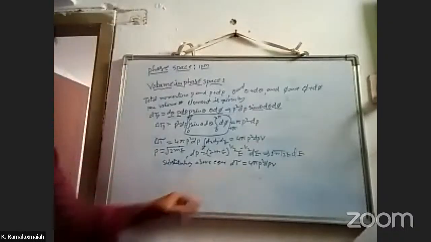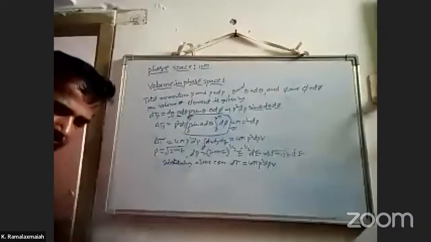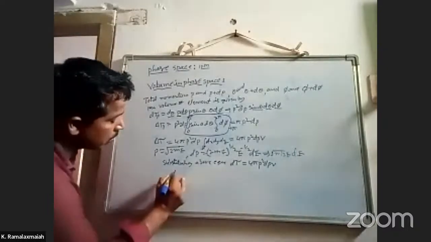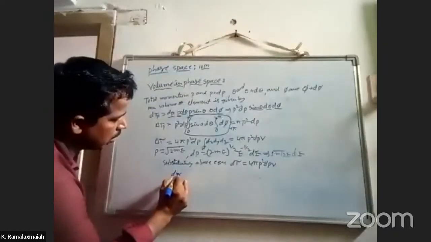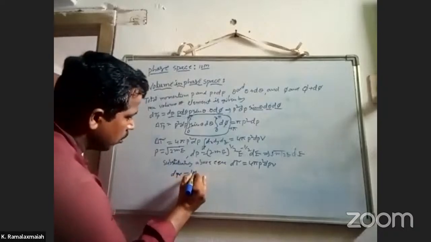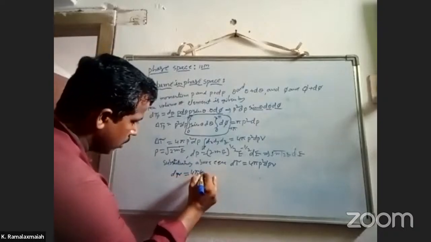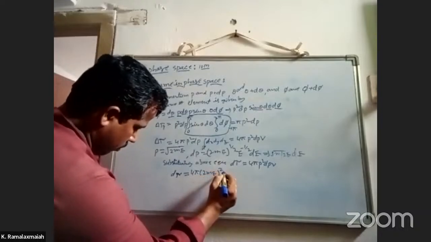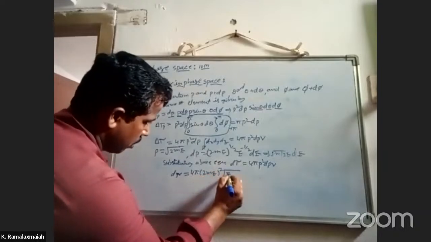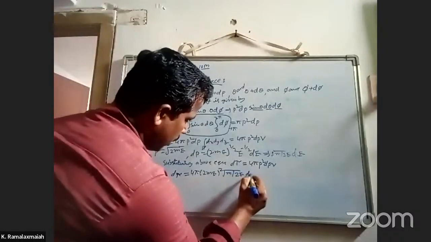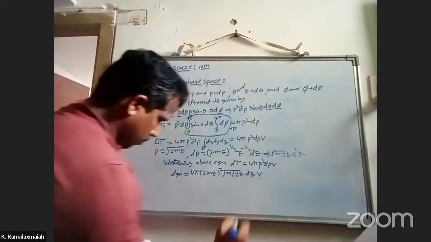Simplifying the equation, d torque is equal to 4 pi into 2mE square under root of m by 2E dE into v.